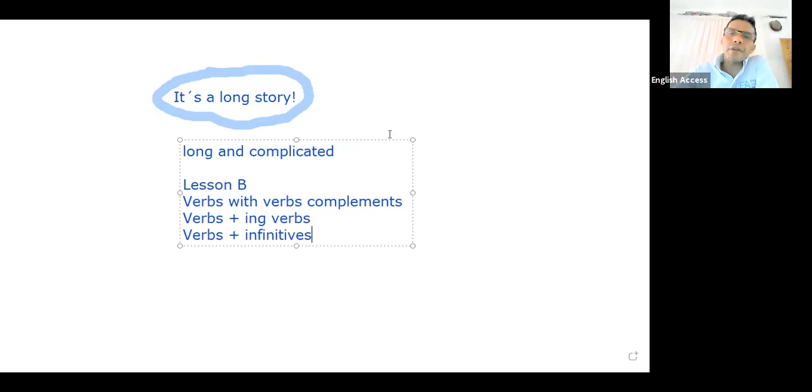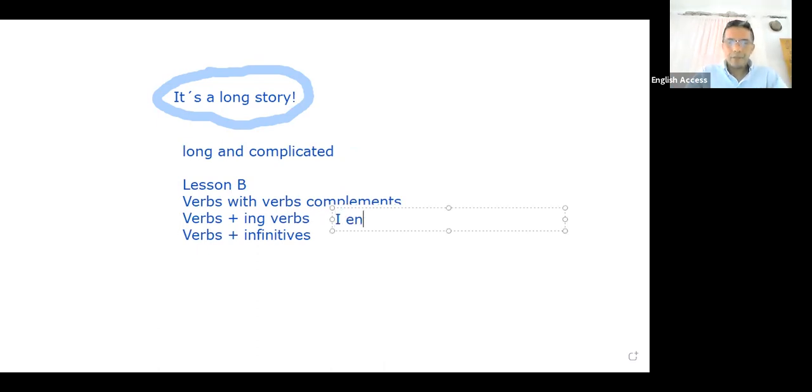Sometimes you don't even say, for example, here, I enjoy to read, or I enjoy reading. Which one is correct? The first one or the second one? Both.